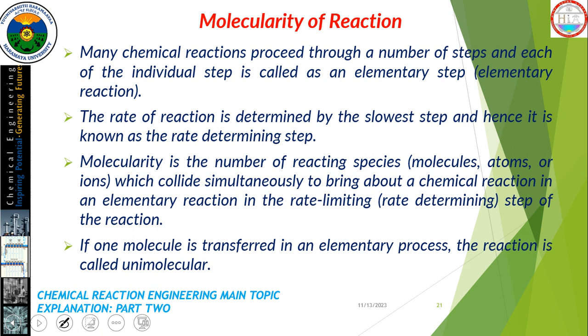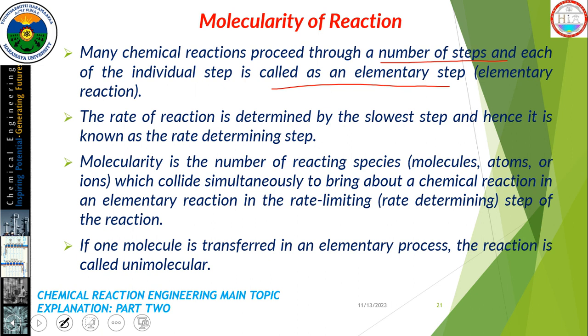Let us proceed to the molecularity of the reaction. Many chemical reactions proceed through a number of steps. A number of steps means there is an initiation step, a propagation step, and the termination step in reaction mechanisms. Each of the individual steps is called an elementary step.